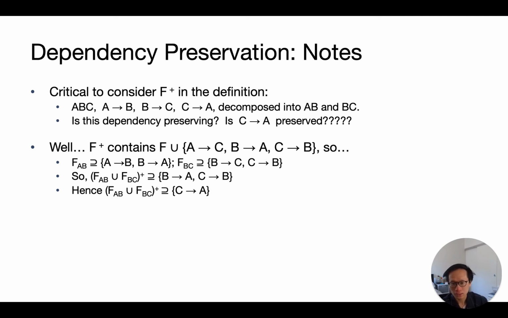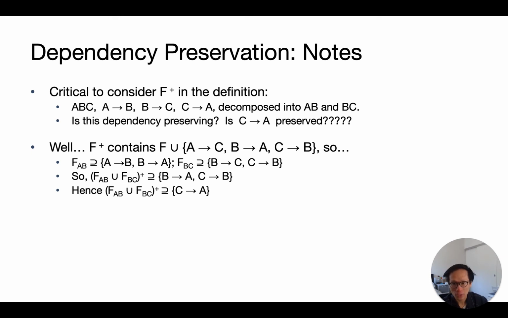So looking at that subset of F plus, we can say that F projected to A and B contains the following things. It contains A determines B because that's in F. It also contains B determines A because that's in F plus. Similarly, F projected to B and C contains B determines C from F, and C determines B, which was in the closure as well.